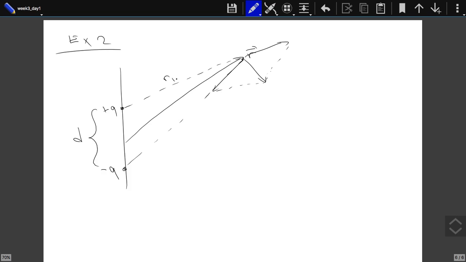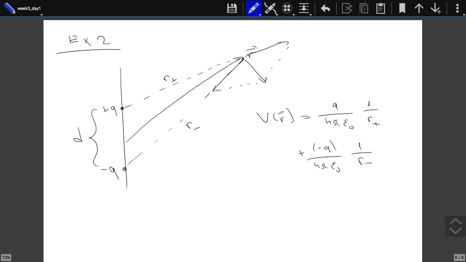Let's say that this distance is r plus, this distance is r minus. The potential at the point r is equal to q over 4 pi epsilon 0, 1 over r plus, plus minus q over 4 pi epsilon 0, 1 over r minus. R minus is the distance of that point from the negative charge.